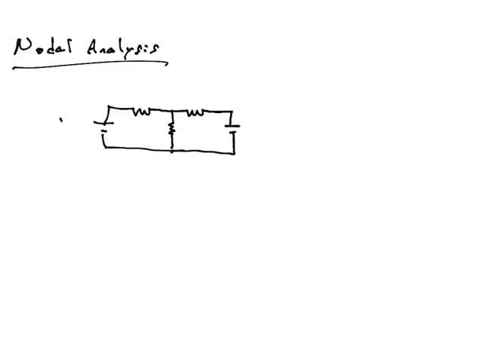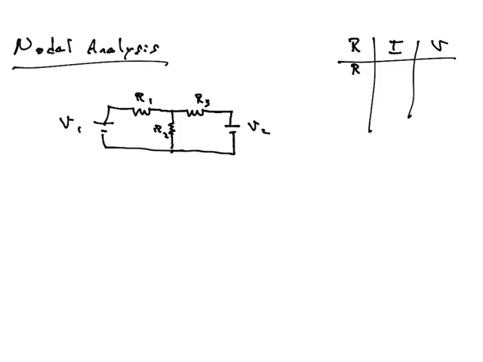There we go: V1, R1, R2, R3, V2. All right, so again, what do I want to do? I want to fill in my table. I want R1, R2, R3, and I want the current and the voltage for each.